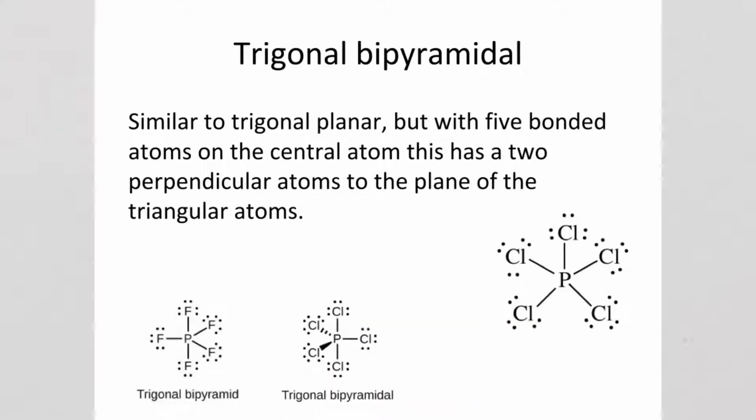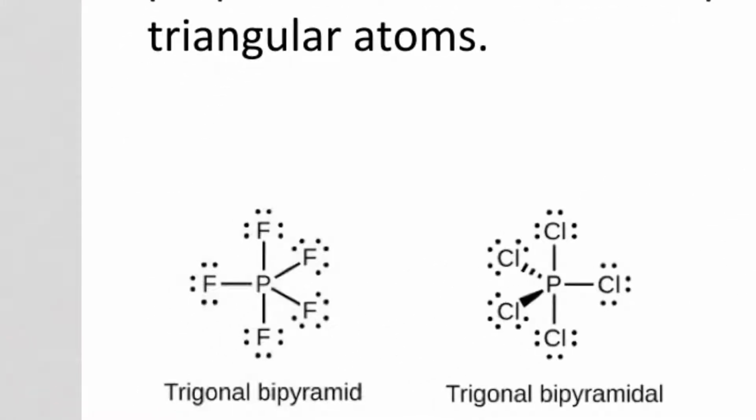Next we have trigonal bipyramidal, like trigonal planar, but it has five bonded atoms to the central atom, two perpendicular to the plane. This one is more like the Lewis structure, while the 3D structure is like this here. These are all in the same plane, 90-degree angles, all flat.